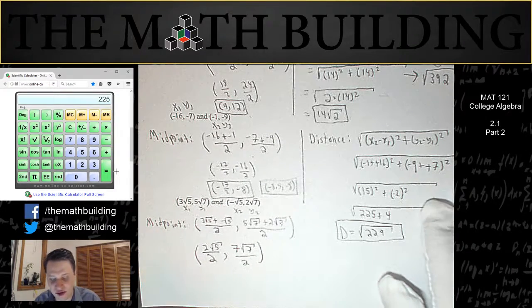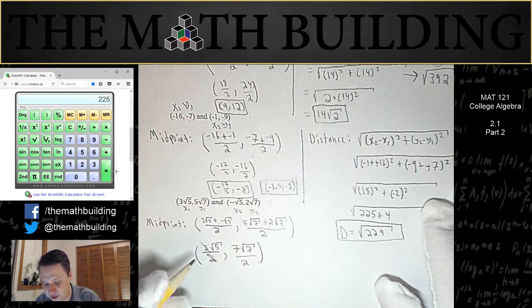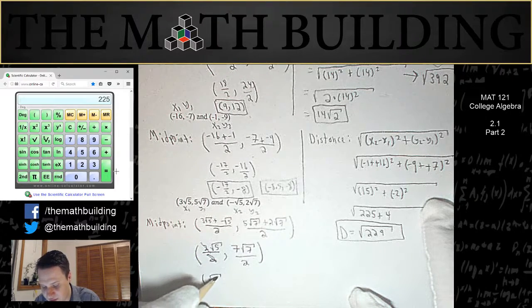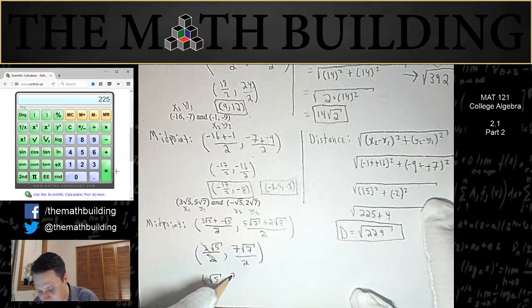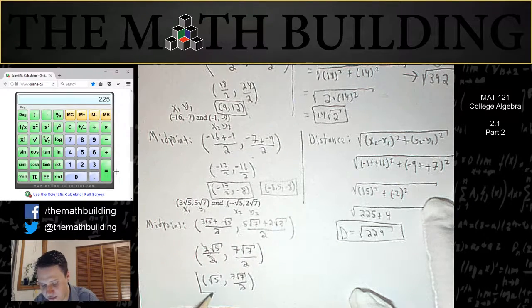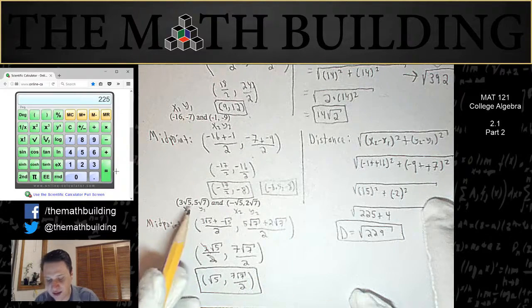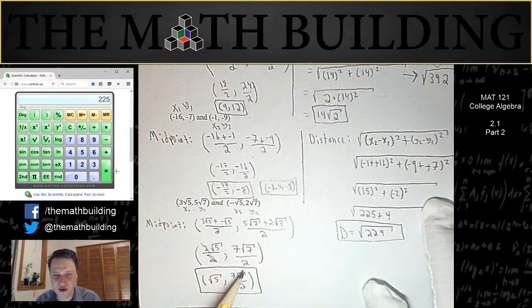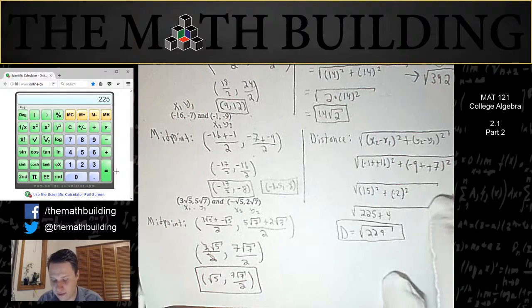And so that's pretty much the answer. We could simplify this a little bit because those 2's cancel. So the answer is the square root of 5, comma, 7 root 7 over 2. So that's the midpoint between these 2 points. Notice this is okay simplify-wise because the square root is in the numerator.